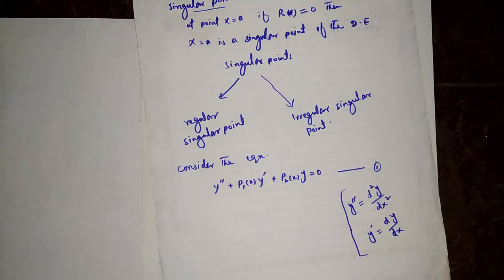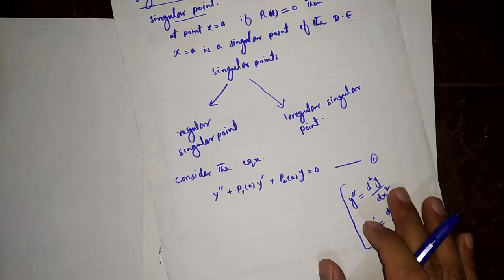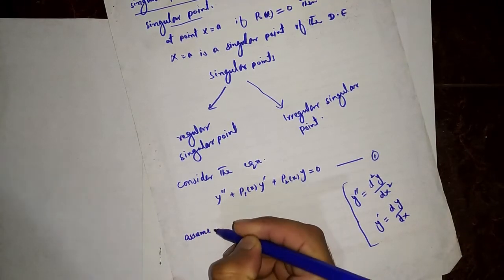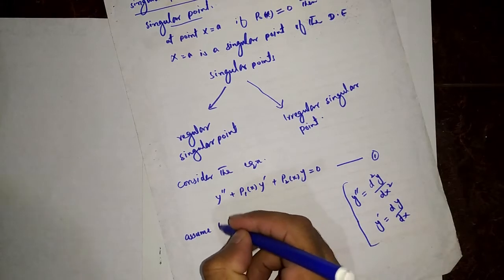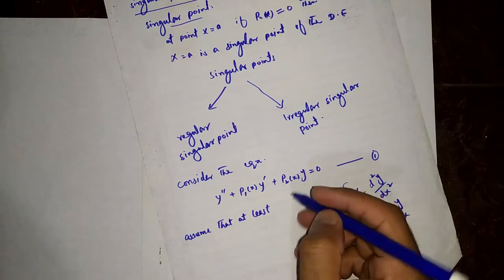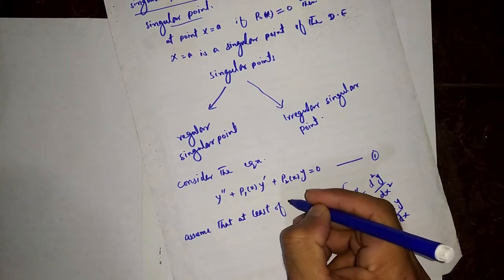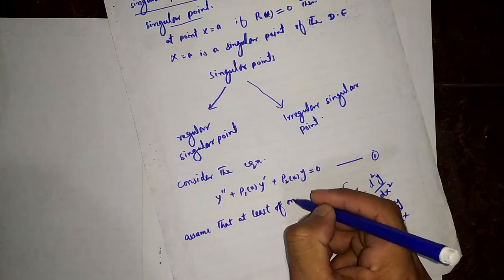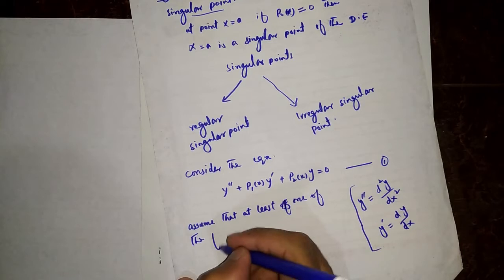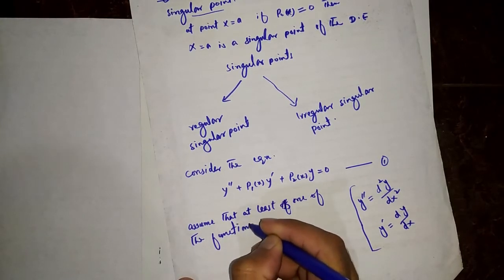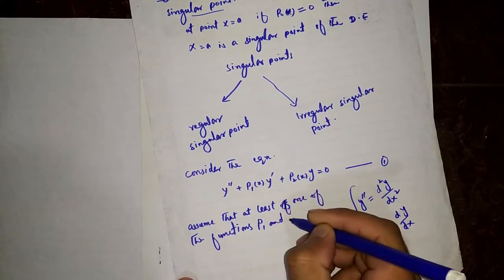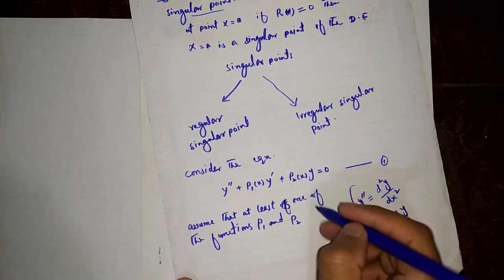So assume that at least one of the functions, either p1 or p2, is not analytic.